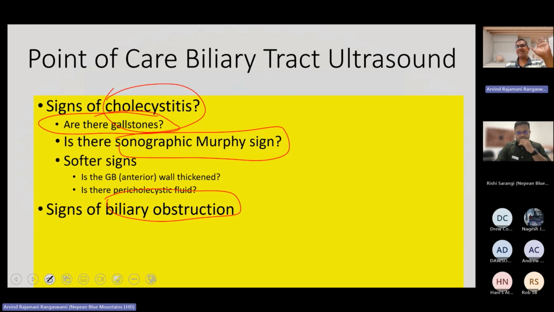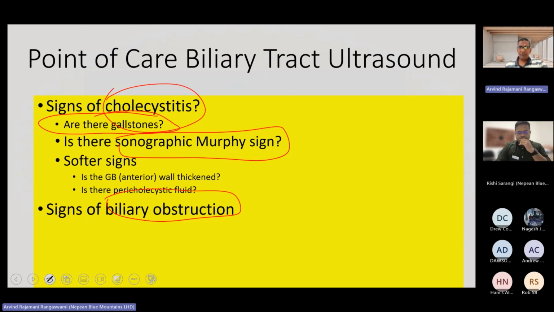Ultrasound is hopelessly unreliable for measurements, and the smaller the margin of the measurement, the worse its reliability is. So I do not rely on thickening of the gallbladder wall. Second, pericholecystic fluid is again more difficult to identify.